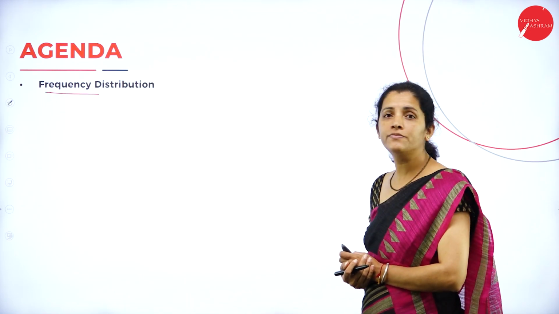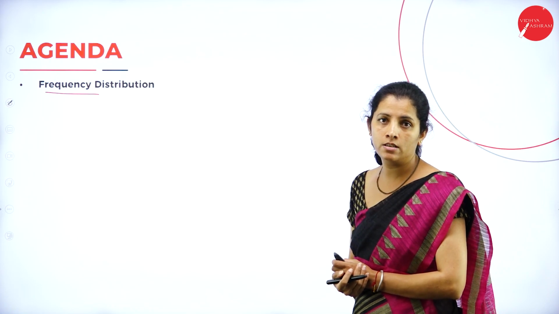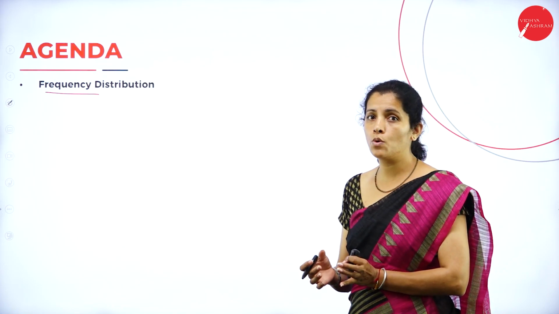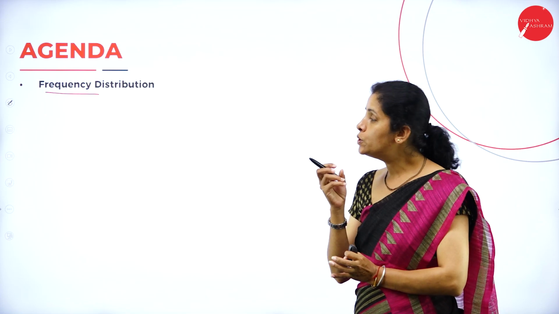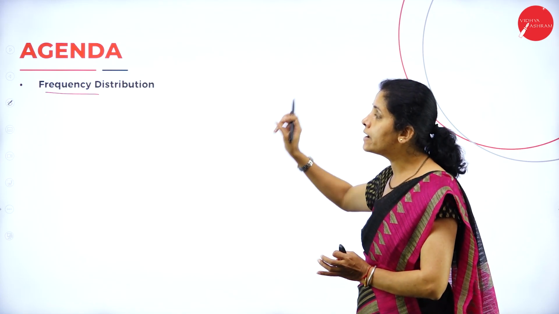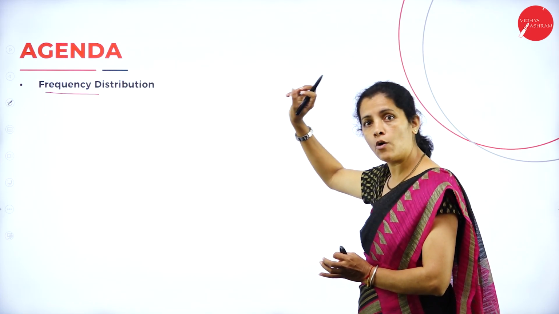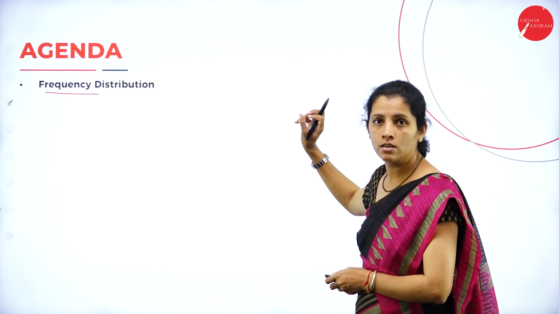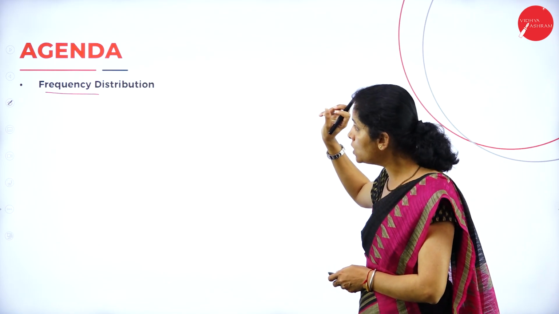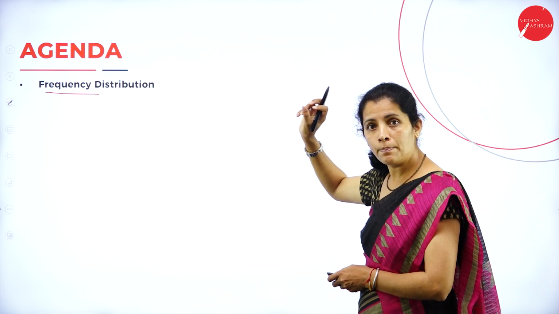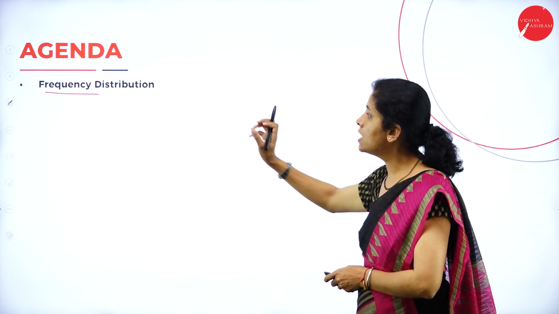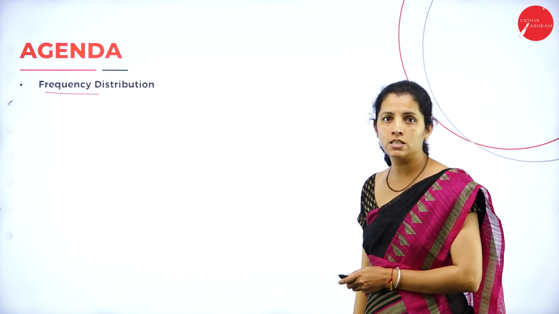So what is frequency distribution? Frequency in the sense what I'm going to use to identify the observation, how many times it is repeated, and to represent the repeated observation, I'm going to use frequency distribution.